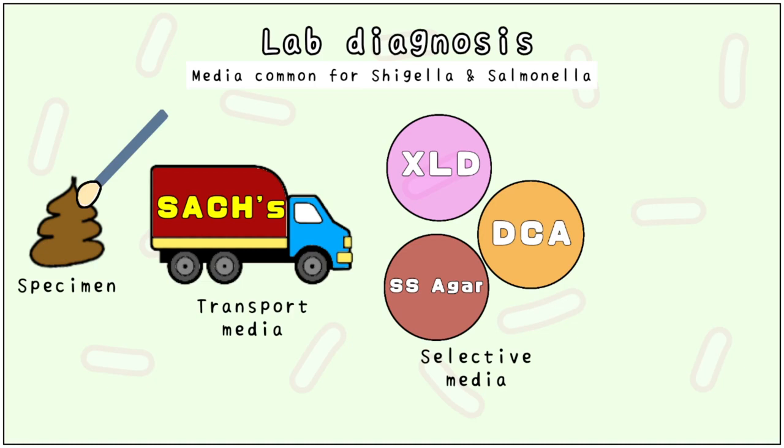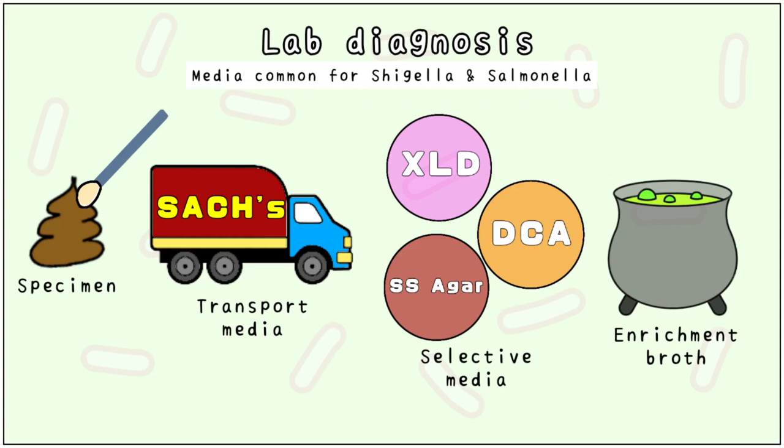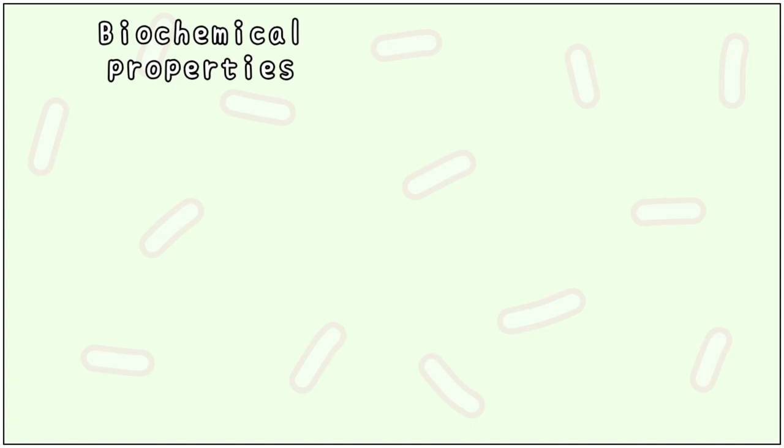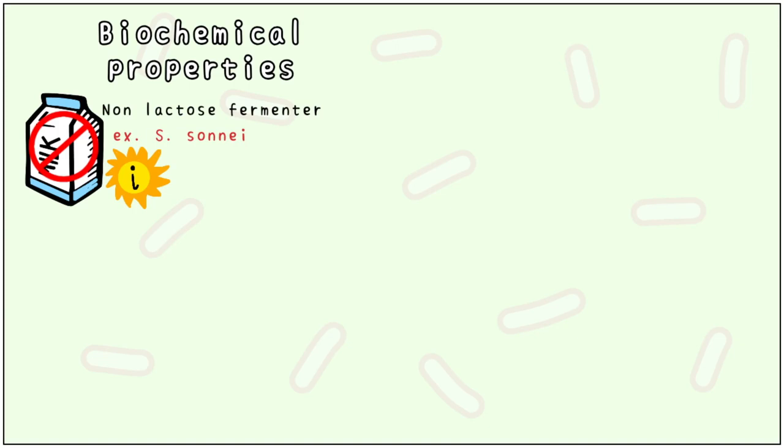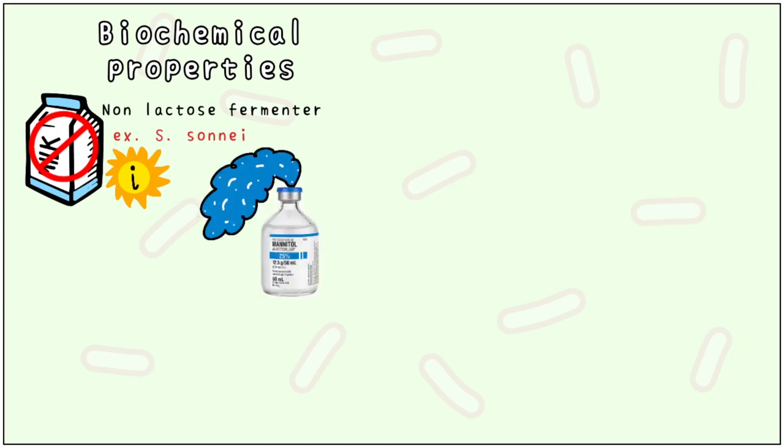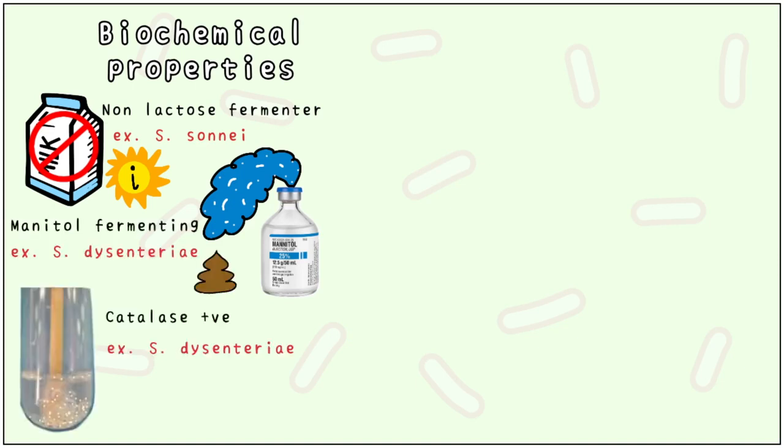It is enriched using gram-negative broth, tetrathionate broth, and selenite F broth. A few important biochemical properties of Shigella are: it is non-lactose fermenting, with the exception of S. sonei. It is mannitol fermenting and catalase positive, the exception for both being S. dysentery.